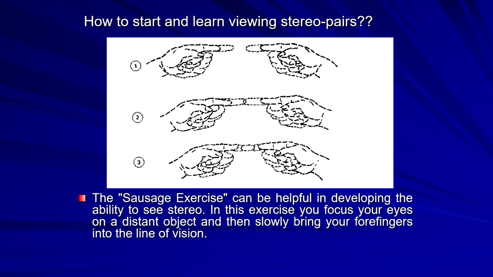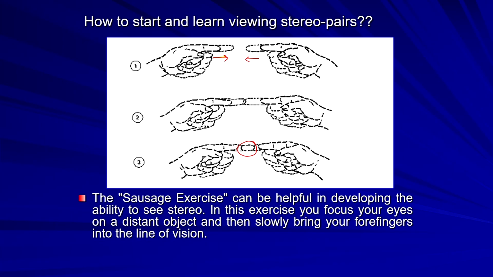You start bringing your fingers towards each other, and the time will come that you will find this portion of the finger floating in the center, and you haven't touched both the fingers. This exercise helps you in practicing for the 3D image, or you can view the stereo pair and try to see the 3D perspective of the image.